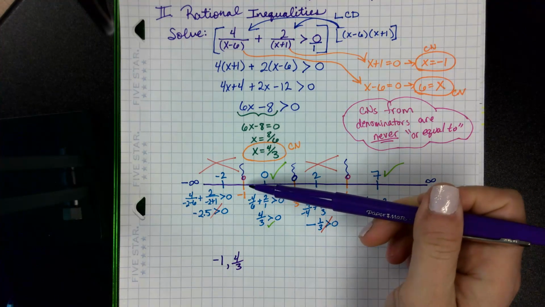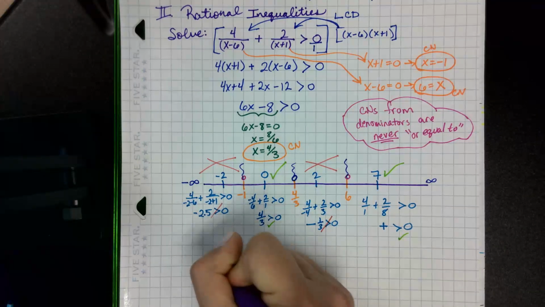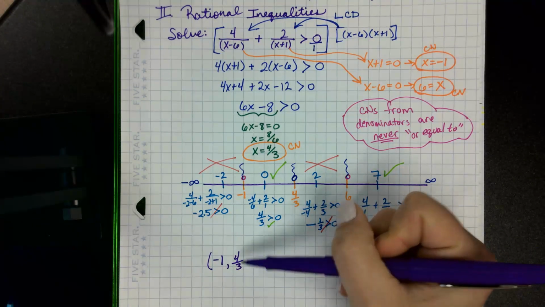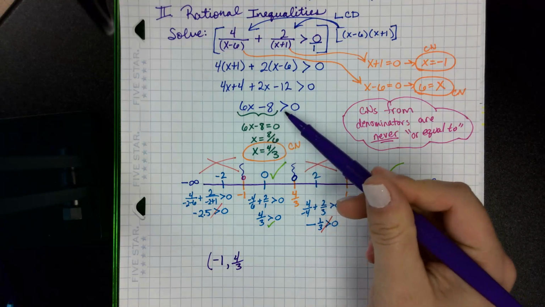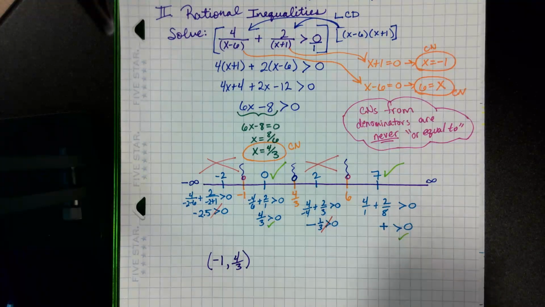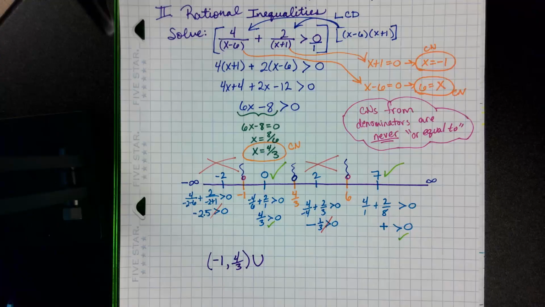Negative 1 came from the denominator equaling 0, so that's not included. It will never be included if it makes the denominator 0. 4/3 came from solving, but this symbol in my problem was not an or equal to, so that is also not included. There's another interval, so I have to do a union with.